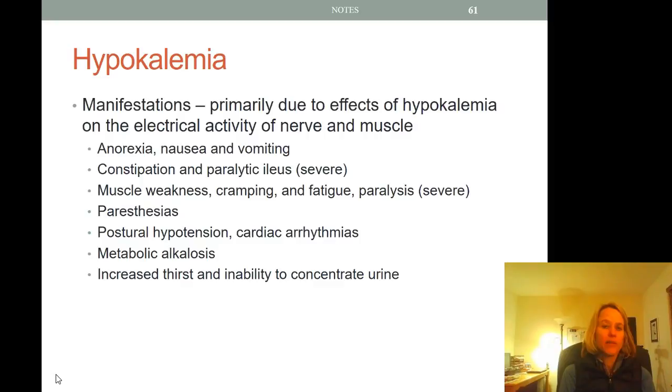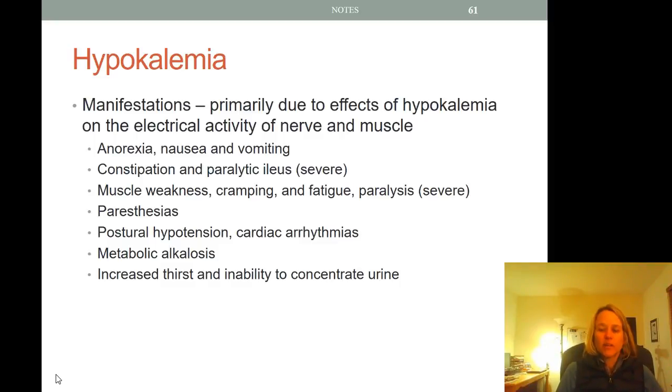Manifestations of hypokalemia are primarily due to the effects on the electrical activity of nerve and muscle. So it can cause anorexia, nausea, and vomiting, constipation, and paralytic ileus. Paralytic ileus is like a non-functional bowel. There's no peristalsis. Muscle weakness, cramping, and fatigue.